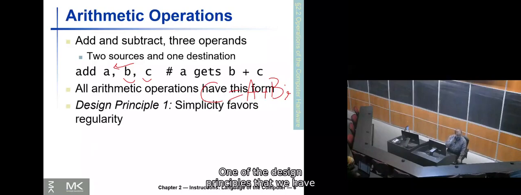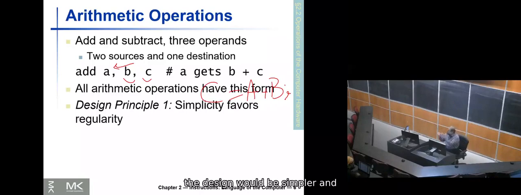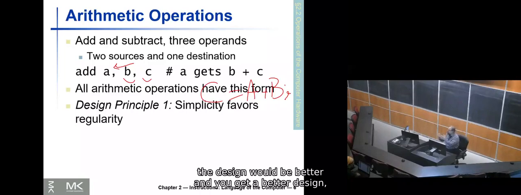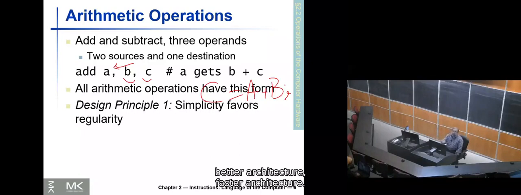One of the design principles that we have talked about in our course was simplicity. If you make it simple, then it will make it regular, and when it is regular, the design would be simpler, and you get a better design, better architecture, faster architecture.